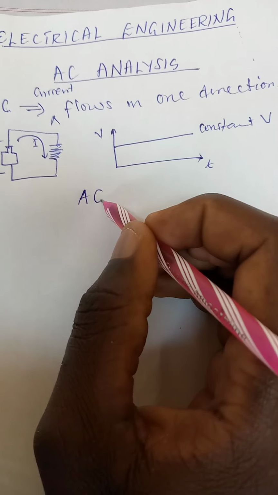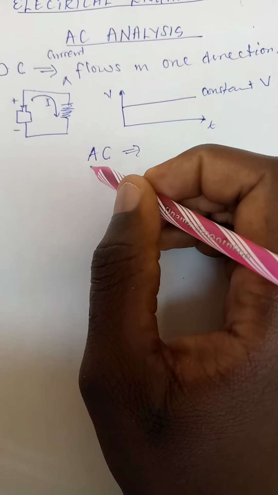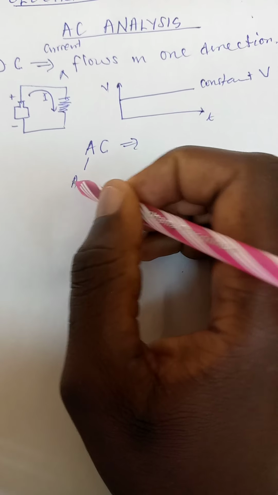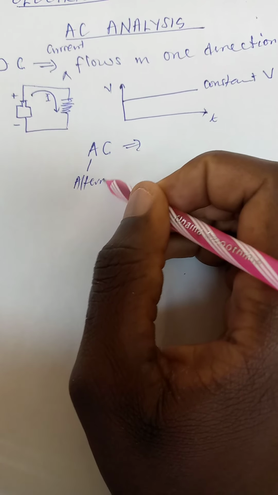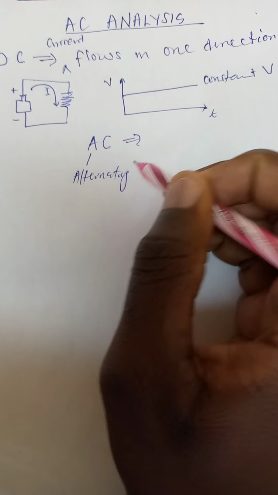Let's also talk a little bit about AC. AC is alternating current. This simply means alternating current.